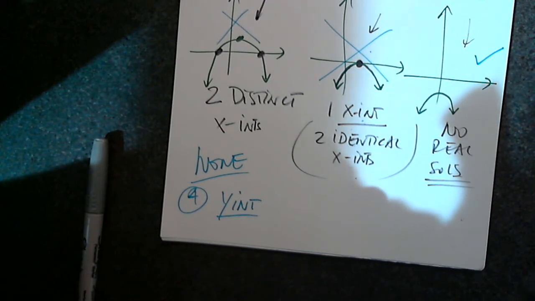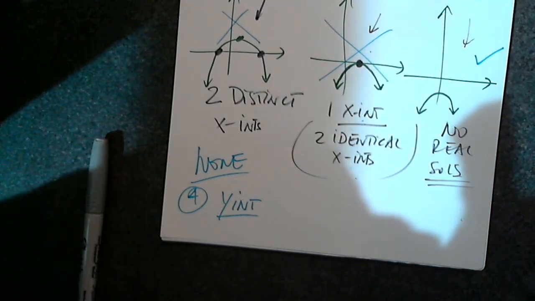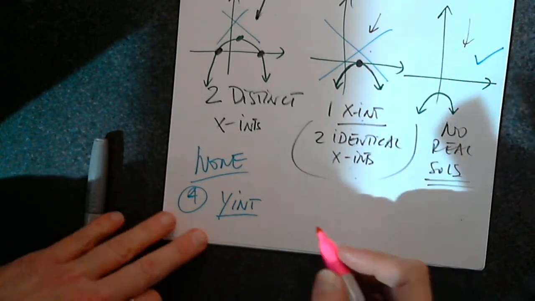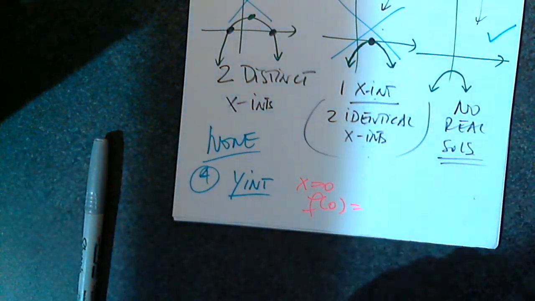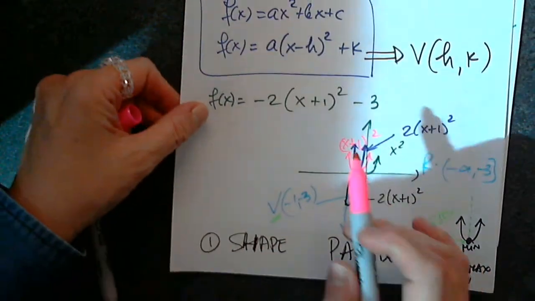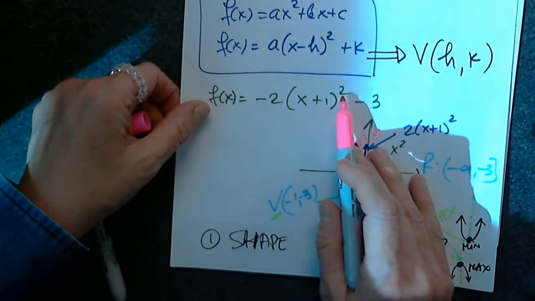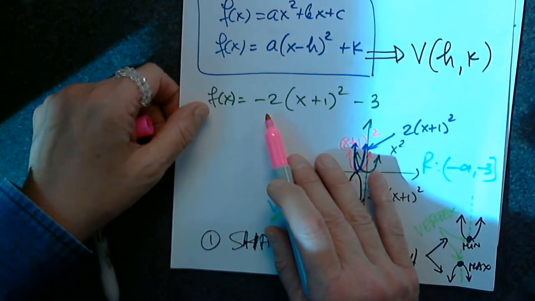Okay. So what am I trying to find? Careful. How do we find for any function the y-intercept? Oh, max is 0. Of course. When x is 0, I have to find f of 0. So now let's go back to our function. Let's do this together. How much is 0 plus 1? 1 squared. 1 times negative 2.